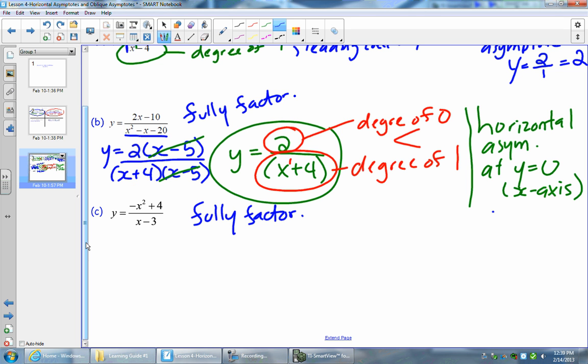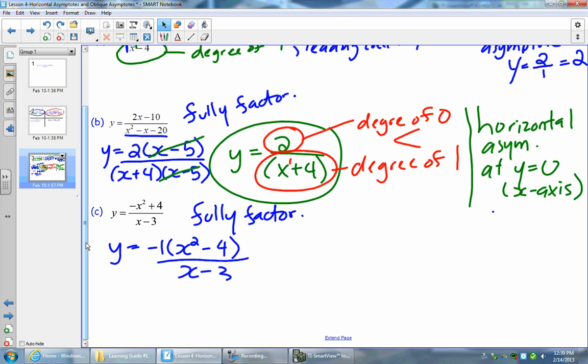Okay, so taking a look at the top here, we could most likely factor out a -1. So try factoring out a -1 and see what happens. So -1 over x squared minus 4. And the bottom, you can't do much with it, but take a look at the top here. Notice the difference of squares.